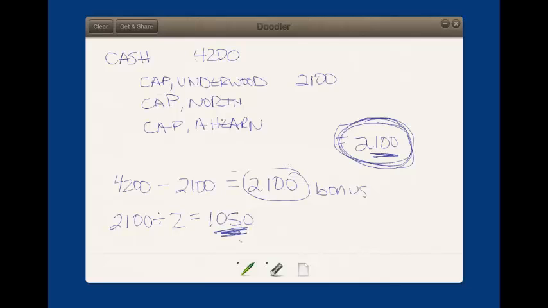Okay, now North and Ahern, they get to split the bonus. So we determined that the bonus was $2,100. Okay, that's just coincidence. They're the same, but it's just coincidence. Okay, so North and Ahern split it 1050 each. Now our total debits equal total credits, and our journal entry is complete.